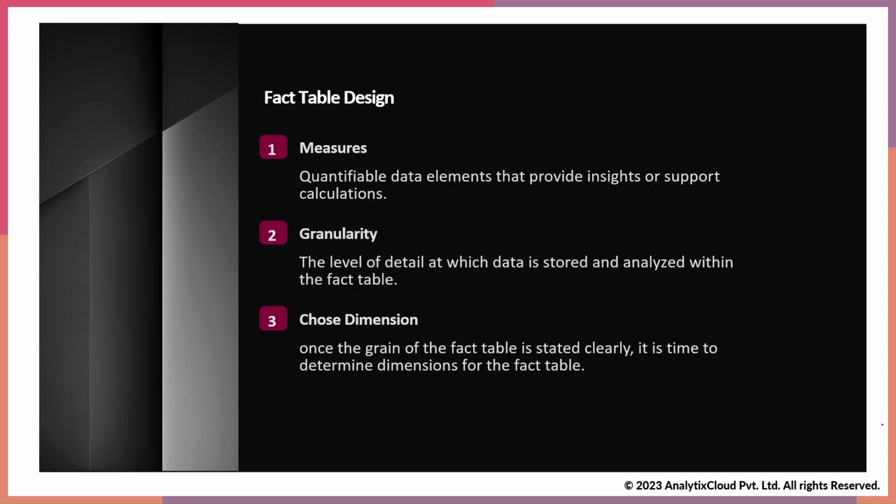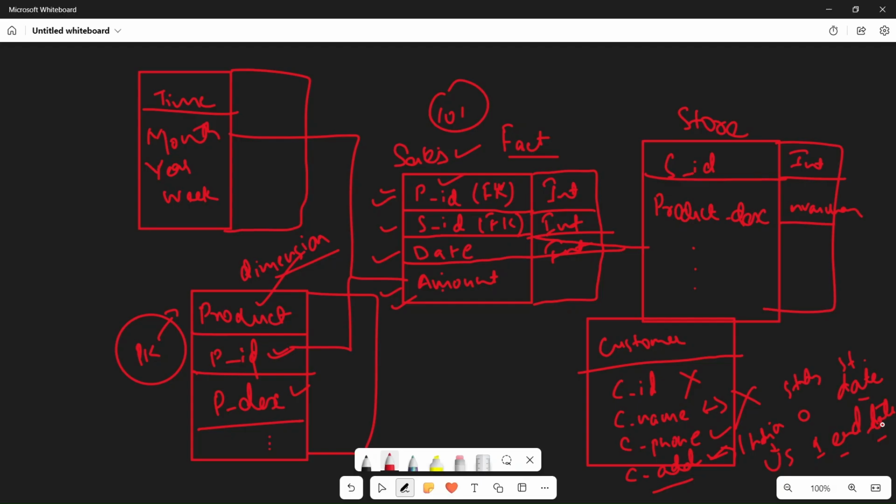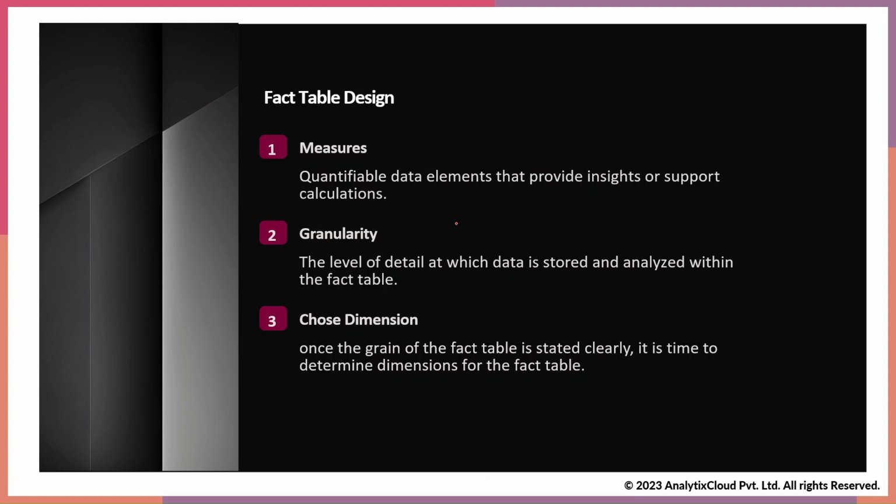Then there should be a granularity at which the data is stored and analyzed within the fact table. If I'm talking about the sales fact table, this amount could be based on different products or on different stores. That's the granularity.